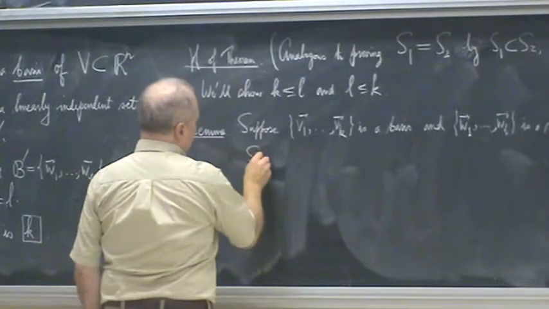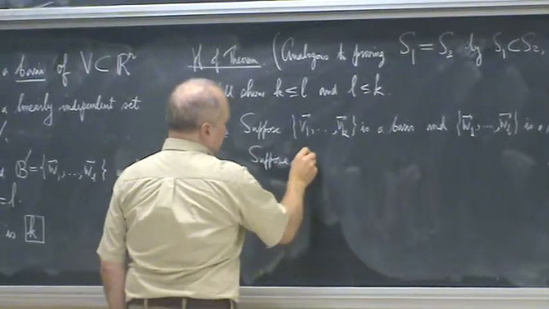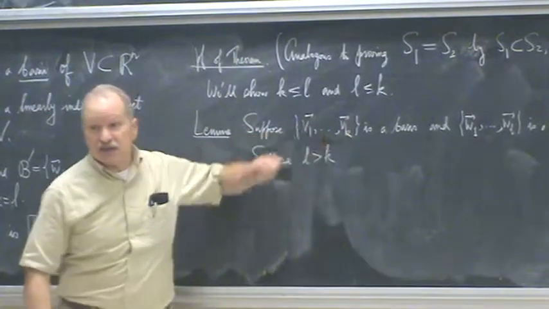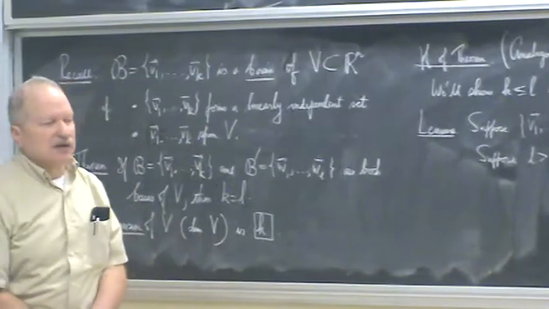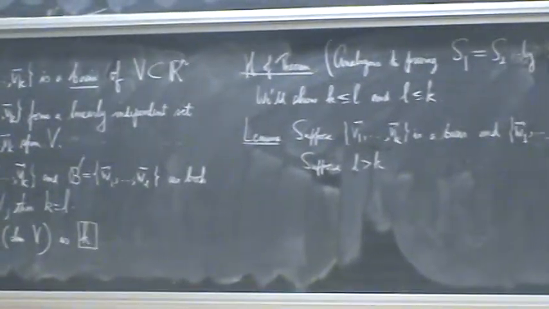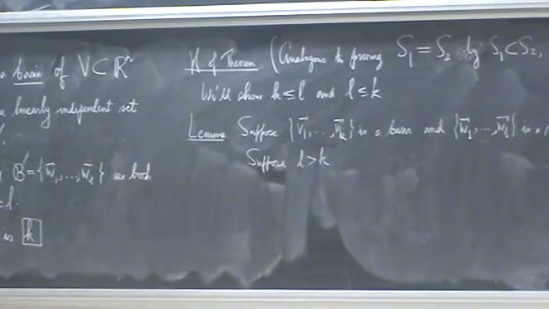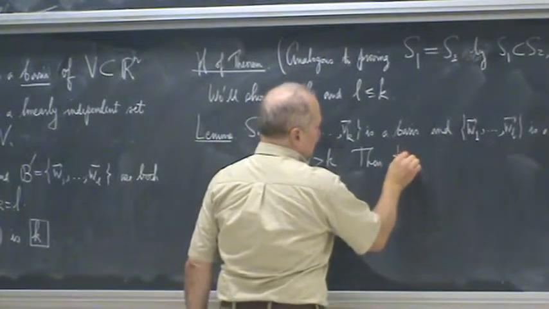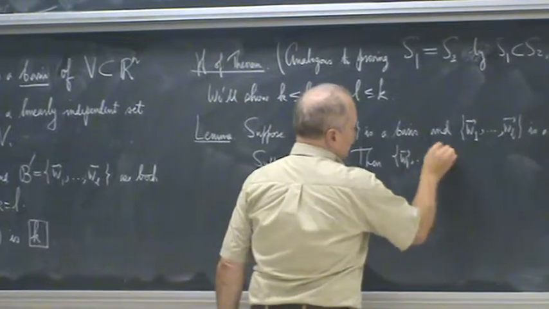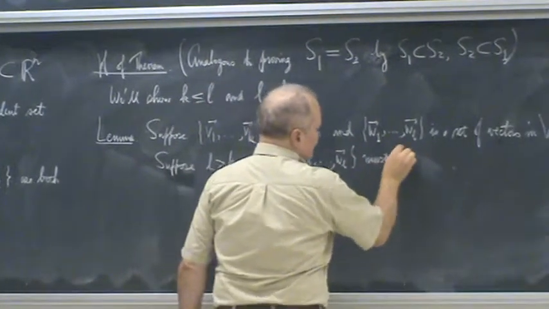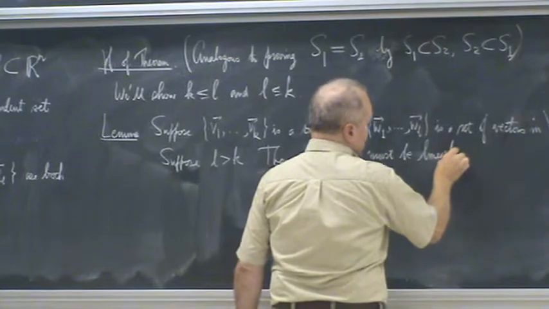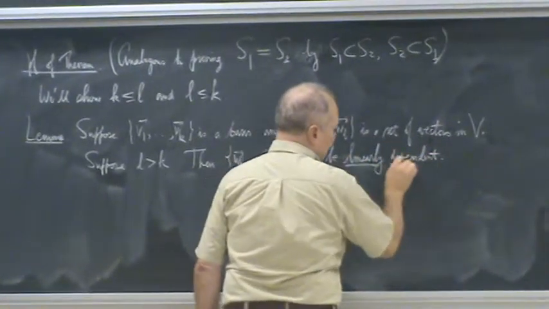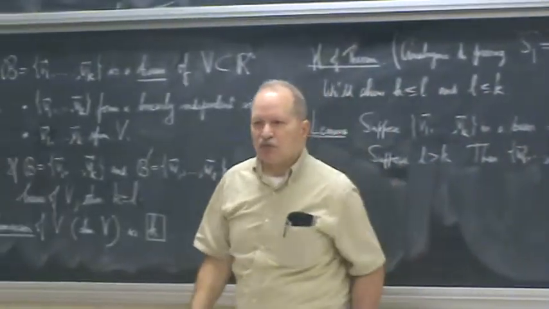Suppose you have more vectors than are in the original basis. What do you think you can conclude? What if one was a linear combination of the others? Then the w's must be linearly dependent. This is perfectly intuitive, but we have not actually said this to this point.